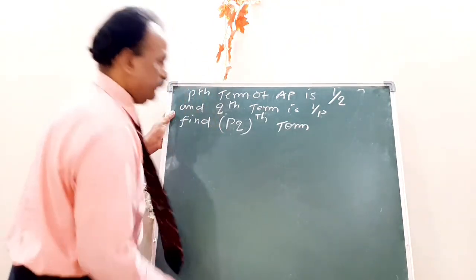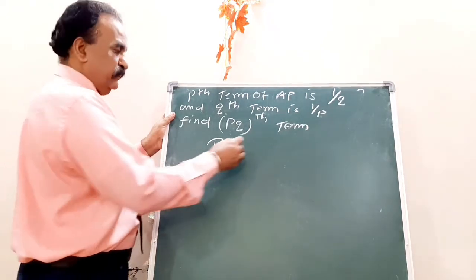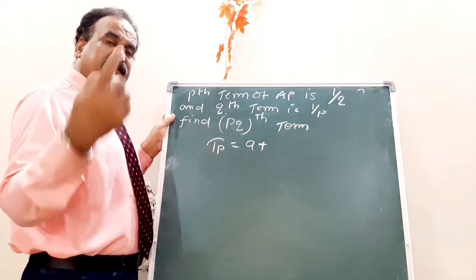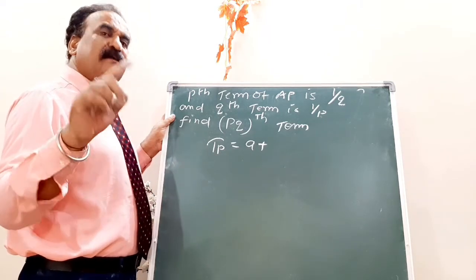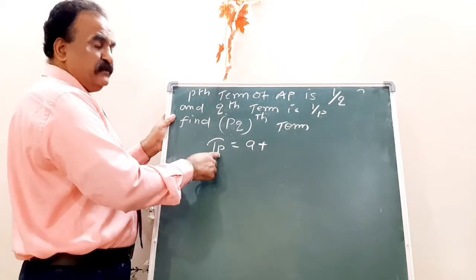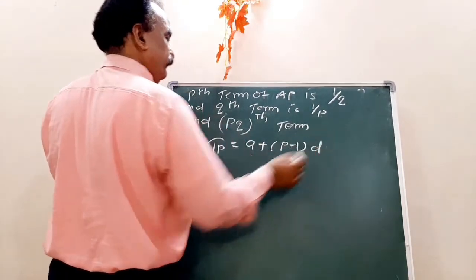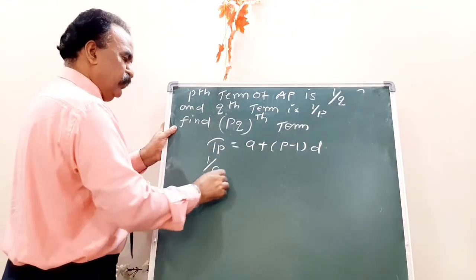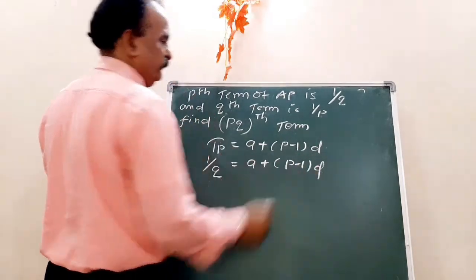Pth term means Tp, which is a plus p minus 1 into d. Suppose 6th is there, you will write 6 minus 1; 11th is there, 11 minus 1. So the pth term is a plus p minus 1 into d, and pth term is 1 upon q. So 1 upon q is equal to a plus p minus 1 into d.